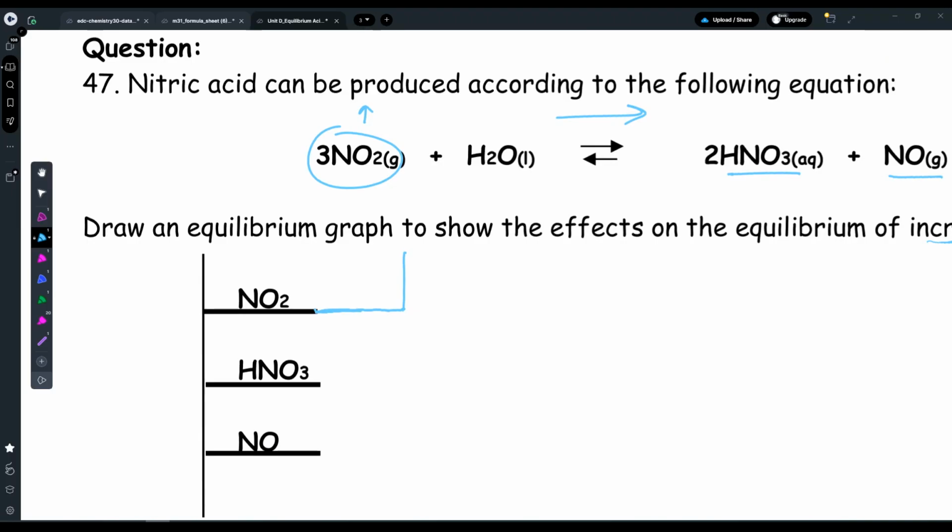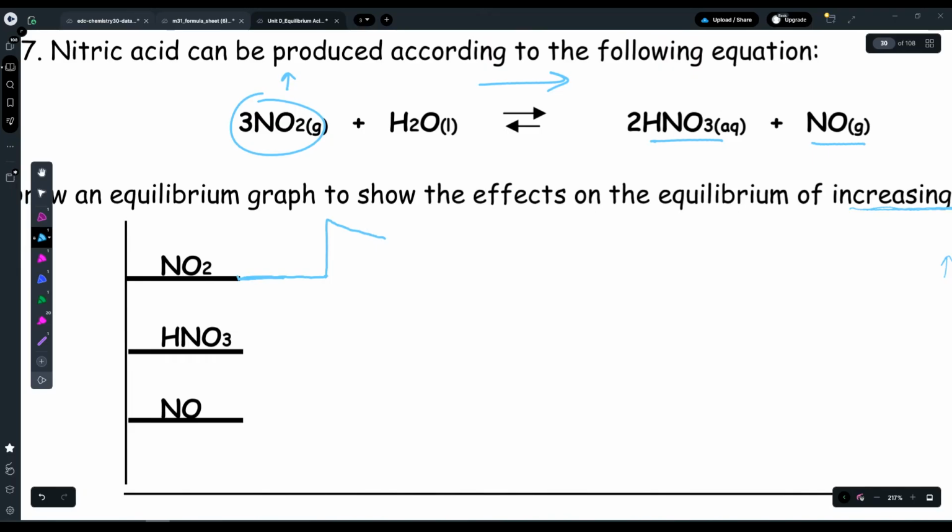Okay, so I'm going to just have this slope down a little bit to represent that this nitrogen dioxide is being used up. And then we're going to try and draw a straight line. Okay, that's as good as it's going to get.